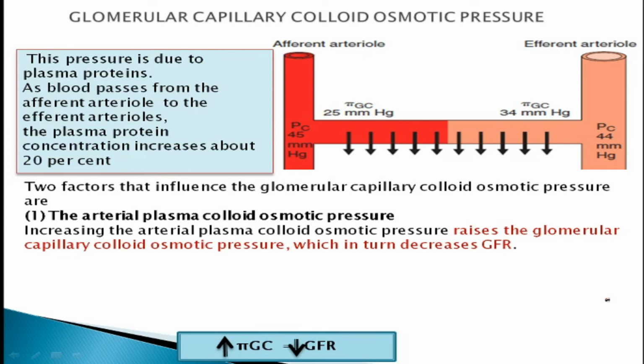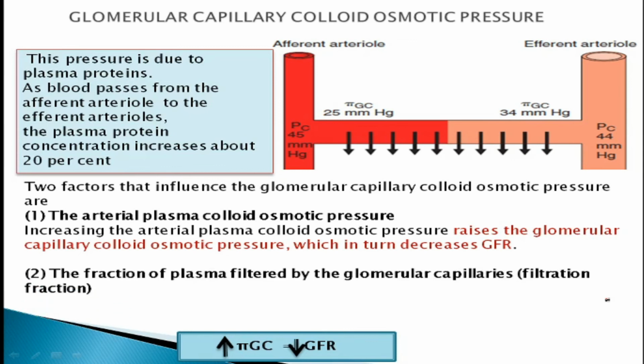GFR. On the other hand, another important factor that is going to affect the glomerular capillary colloid osmotic pressure is again the filtration fraction. I have already talked about filtration fraction.